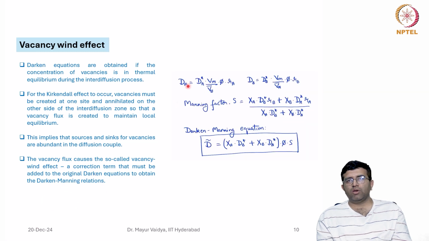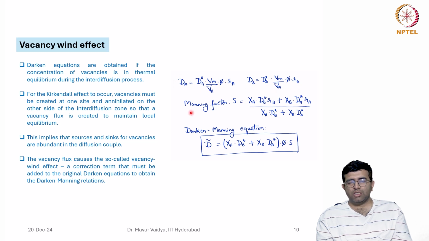Basically, instead of dA is equal to dA star into phi, we write dA is equal to dA star into Vm by Vb bar into Ra. This Ra is the vacancy wind factor for the diffusion of A. Similarly, for B, it is equal to dB star into Vm by Va bar into Rb.